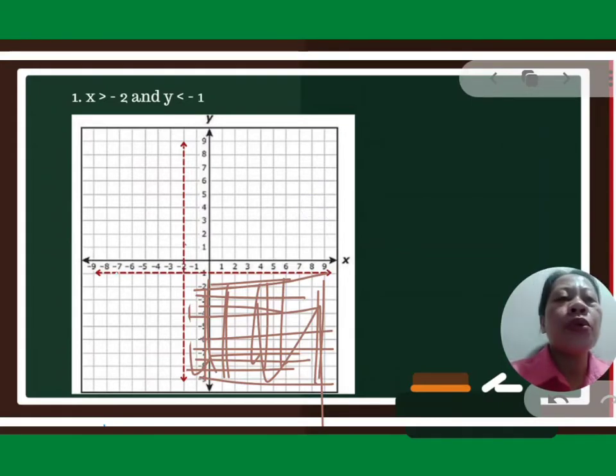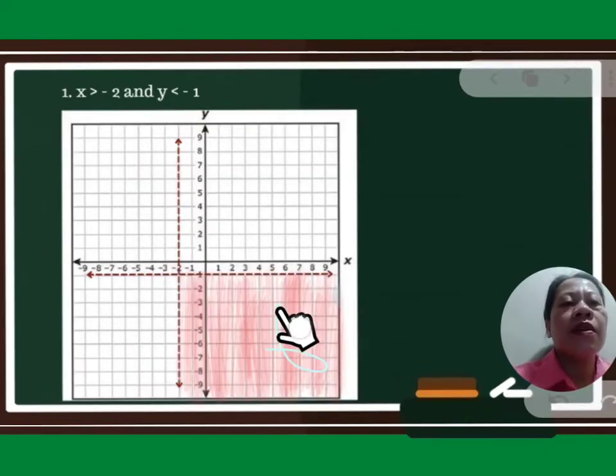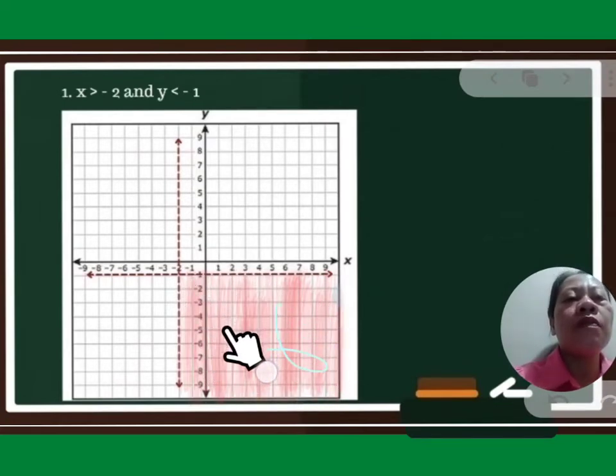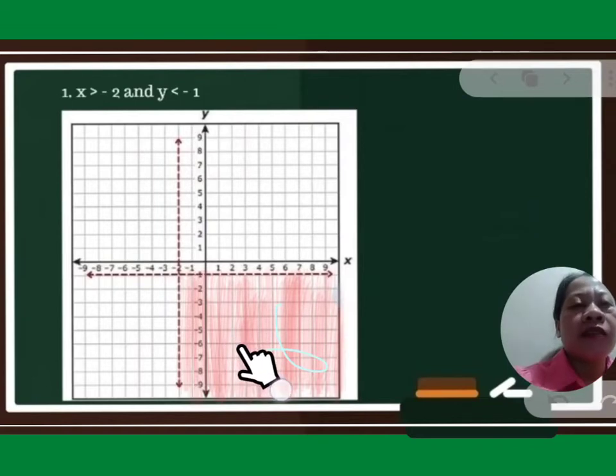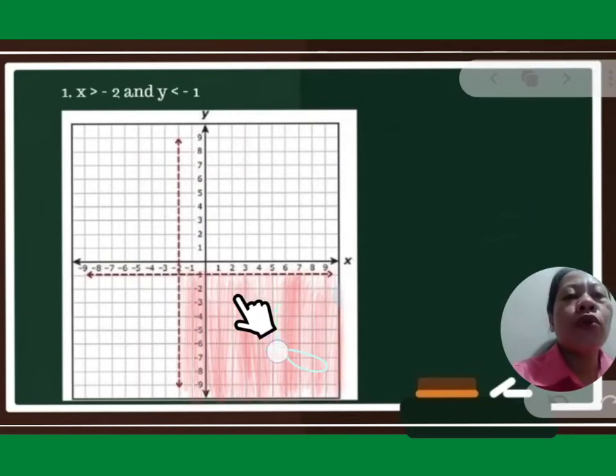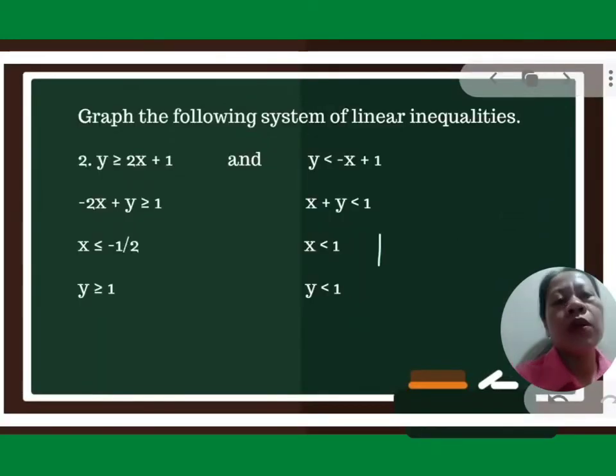So, ito lang po yung part na kasama sa solution sa linear system of linear inequalities sa number 1. So, this is the graph. Okay? So, ito yung region, the intersection region of the two planes. Yun po yung solution to the system of linear inequalities. Okay, so to number 2.